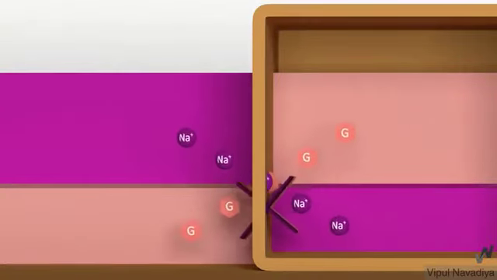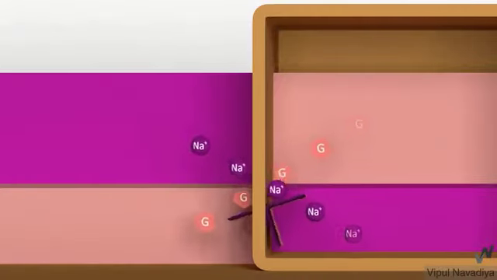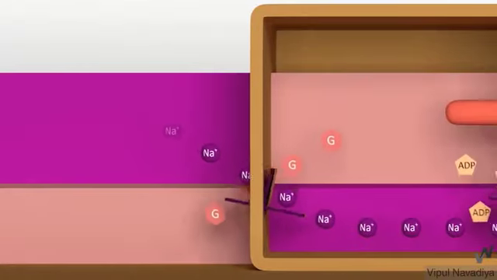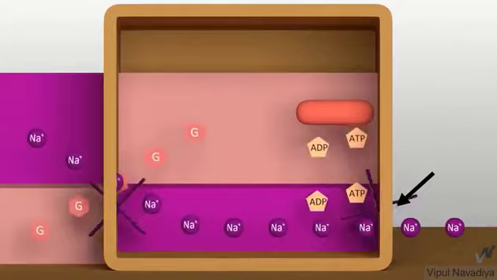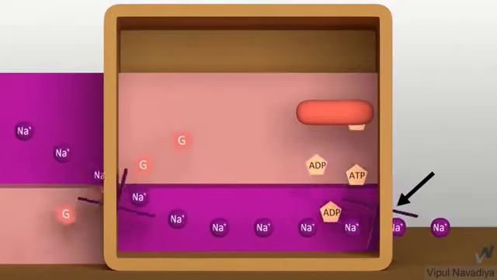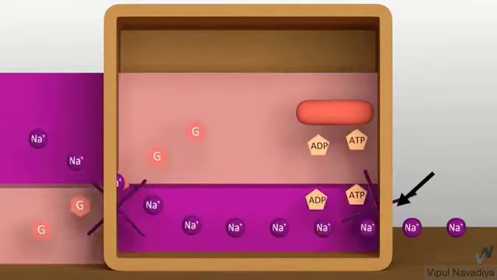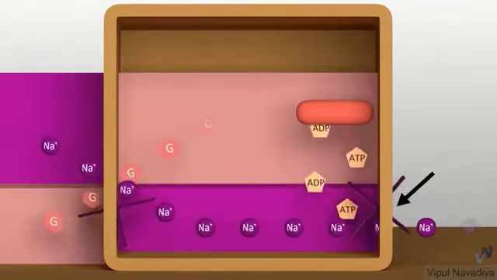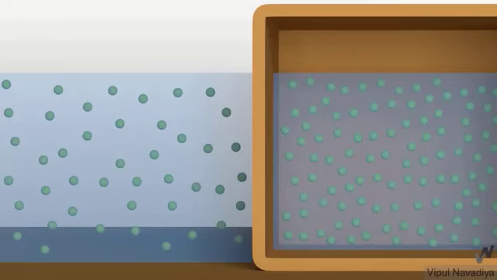For this type of transport to continue, we should keep the low concentration of sodium intracellularly. To keep this low concentration, we should have active transport in the opposite direction. This active transport needs energy, and this energy is important to keep sodium low inside.